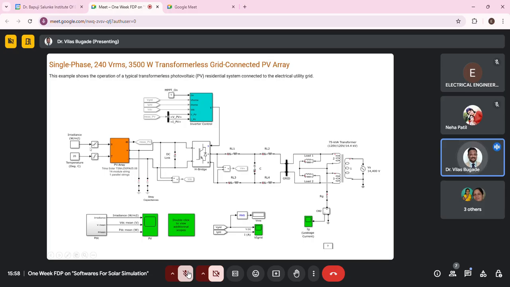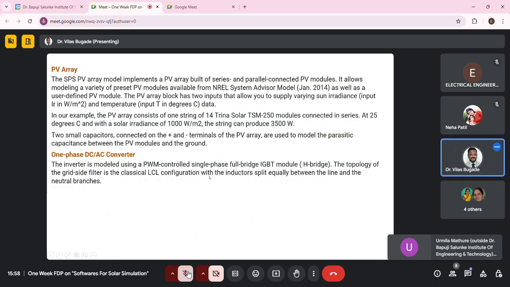So what we did is directly integrate. We have a PV model in our example, a Trina solar module available in MATLAB.